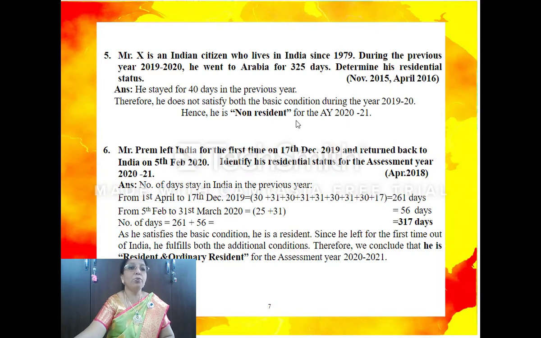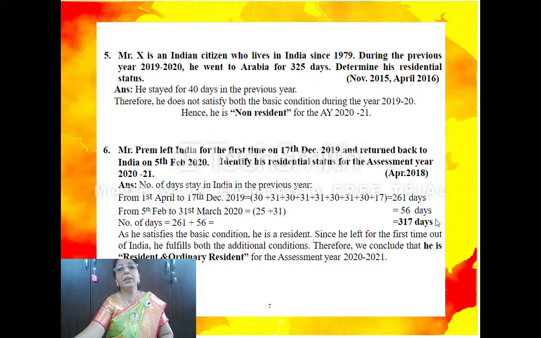So now the next situation. Mr. Prem left India for the first time on 17 December 2019 and comes back on 5th February. A similar situation we just saw. So till 17 December he is in India. So April, May, June, July, August, September, October, November, December, 17 days. And in February, 4 days he is not there, so 25, and March. So 317 days he is in India.